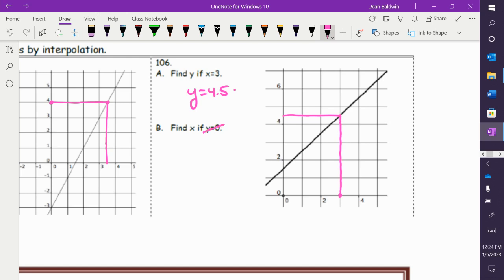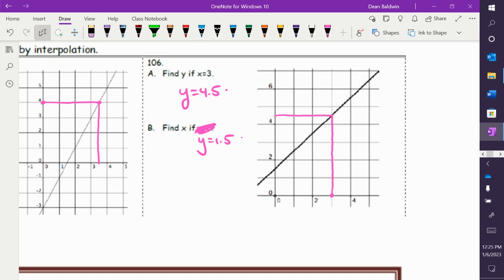And we're not going to do y is equal to 0 because that's actually extrapolation. We're going to do y is equal to 1.5. Okay. So if we say y is equal to 1.5, what is x?